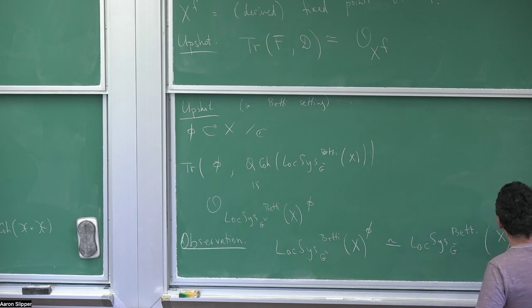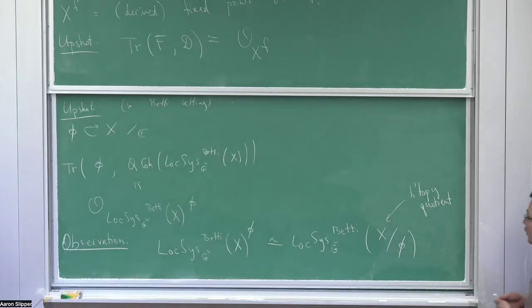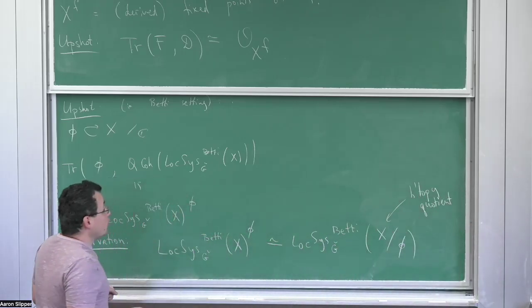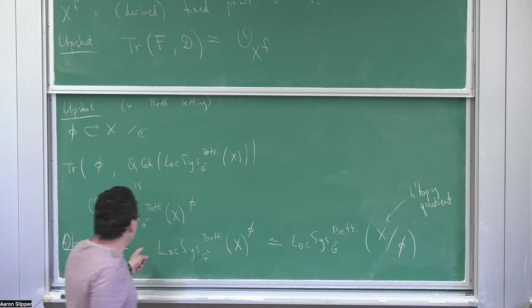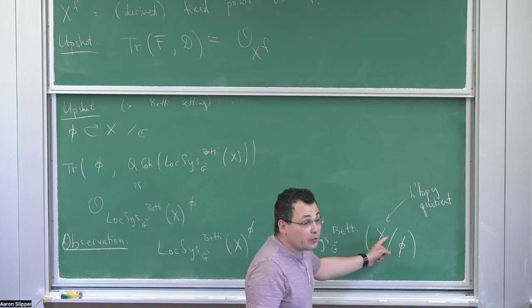This is the homotopy quotient. So it's also local systems on something. So the upshot is that this is functions on local systems on something else.